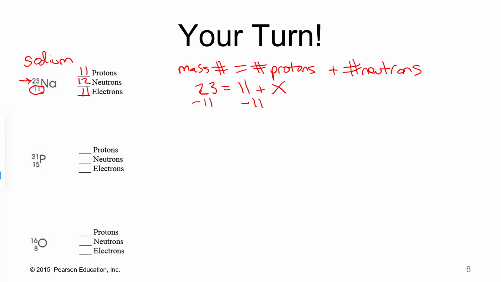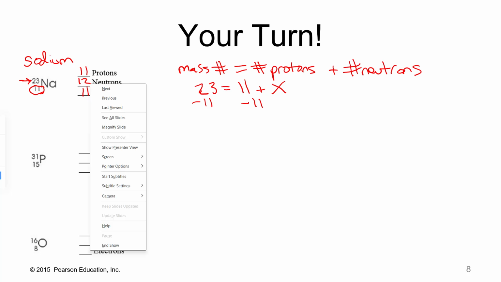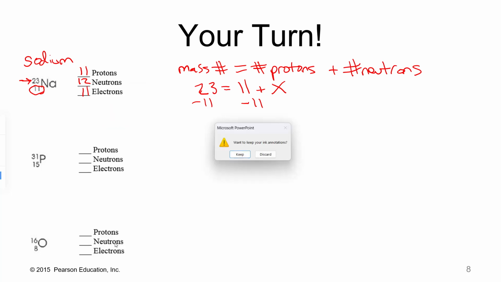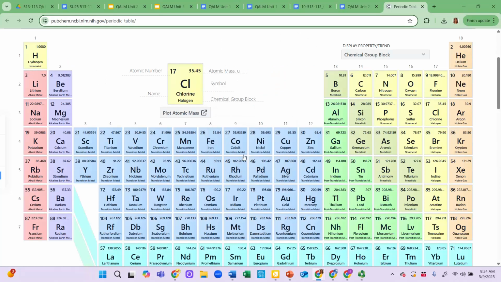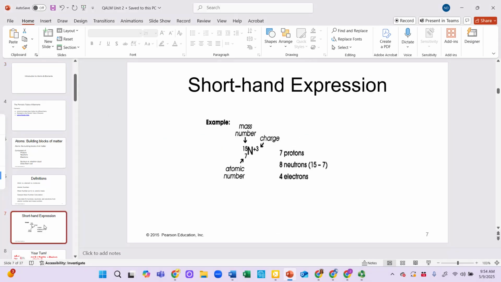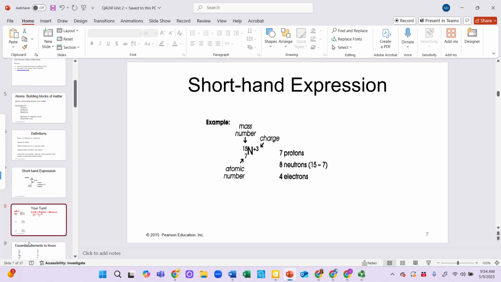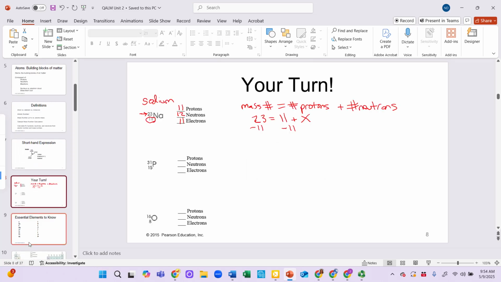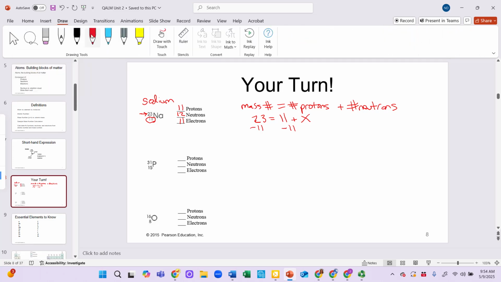So let's go ahead and actually draw this one out. So with protons, I'm going to try to go to this slide here and see if I can get some different colors when I start drawing. Okay, so I'm going to draw protons in red still.